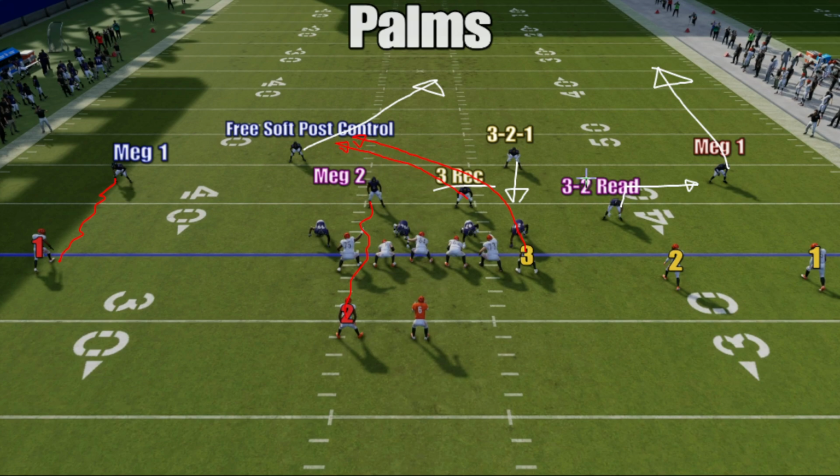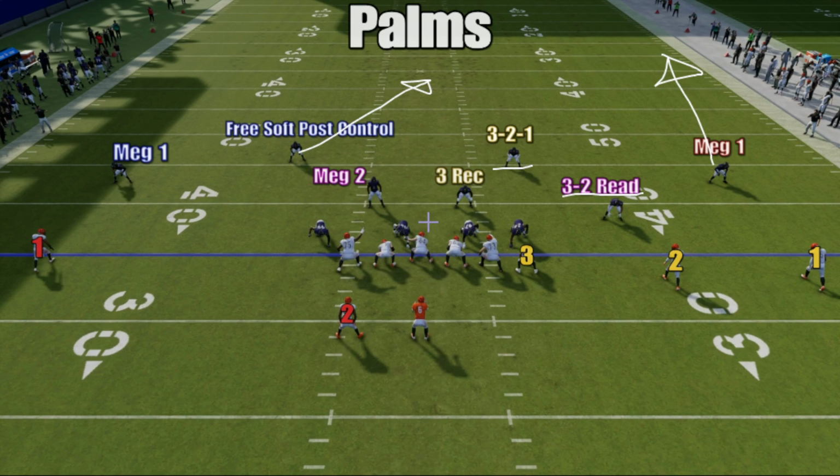Okay, well, couldn't we just turn this guy into a deep middle, turn this guy into a deep third, okay? Maybe leave this guy and turn him into a curl player.